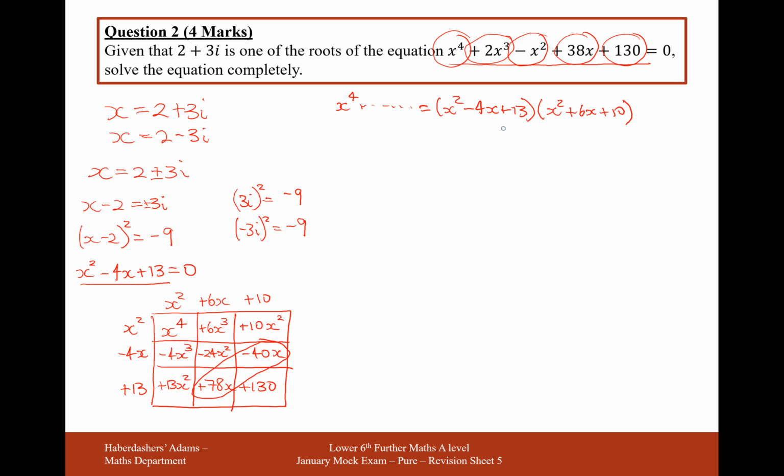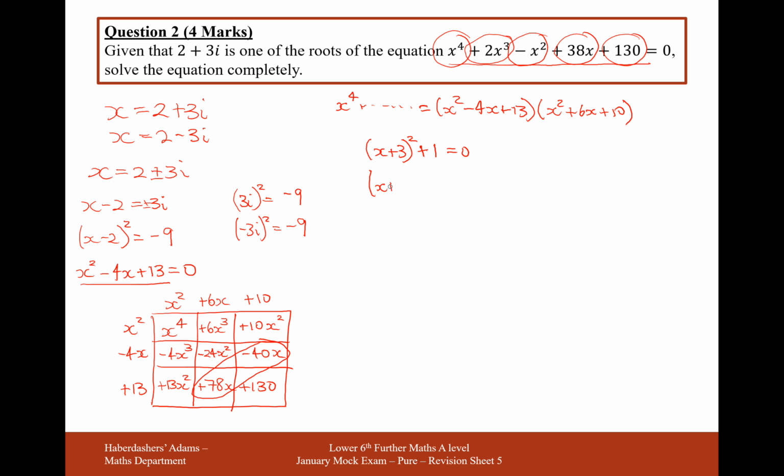So I know the two solutions for this quadratic. I now need to work out the solutions for this quadratic. So let's use a similar method, completing the square. x plus 3 squared minus 9 plus the 10, so that will give me a plus 1 equals 0.